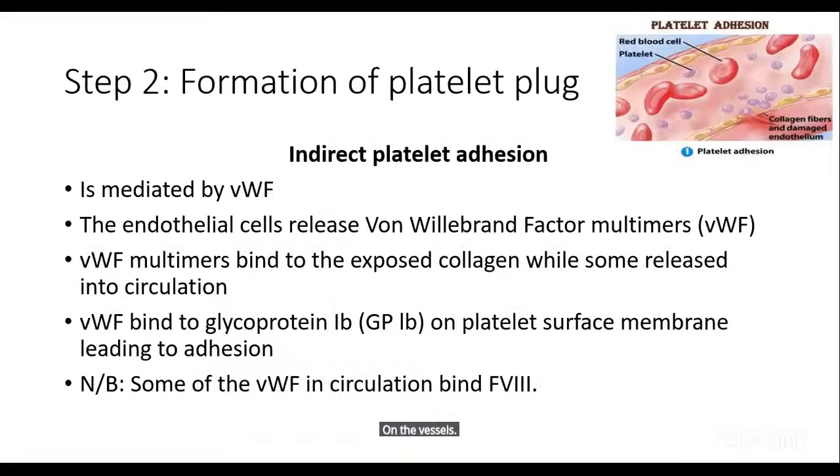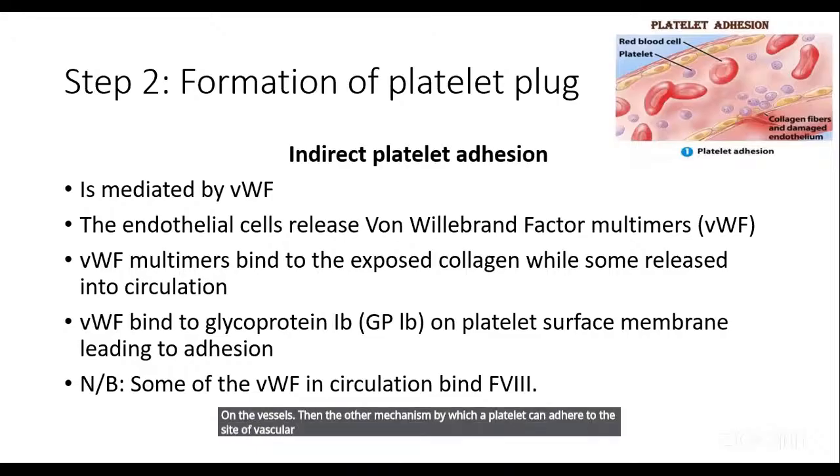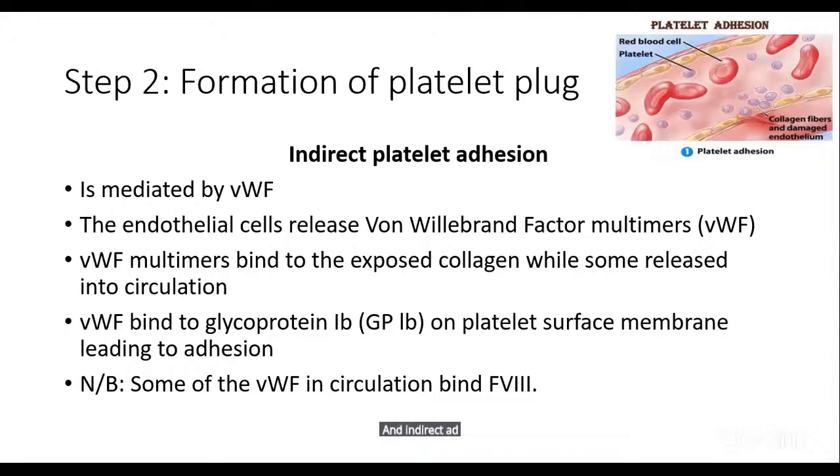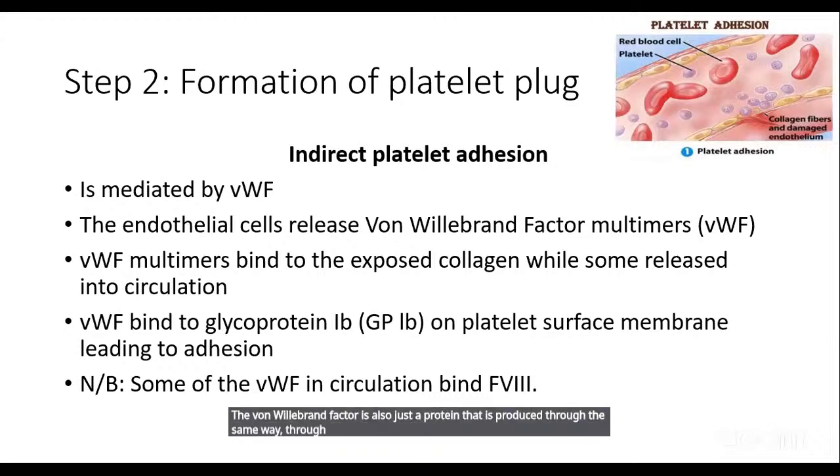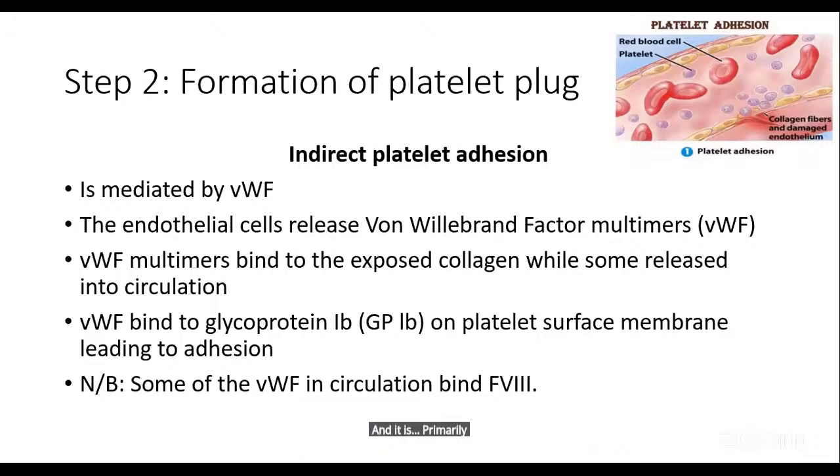Then the other mechanism by which a platelet can adhere to the site of vascular injury is indirect. And indirect adhesion is mediated by von Willebrand factor. The von Willebrand factor is also just a protein that is produced through the same way, through gene expression, and it is primarily produced by the endothelial cells.